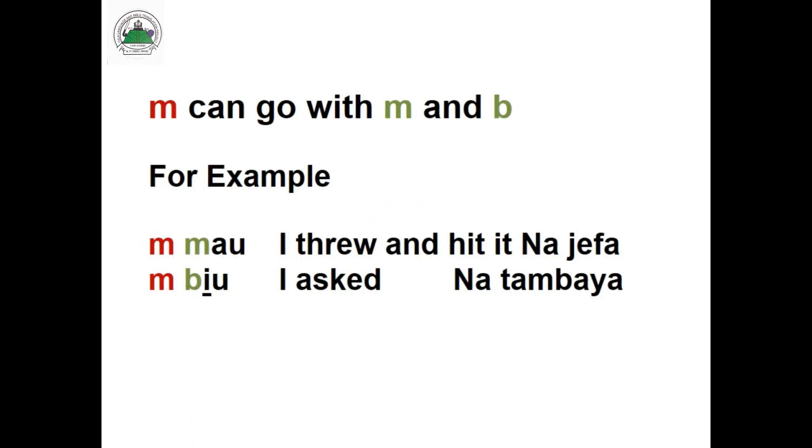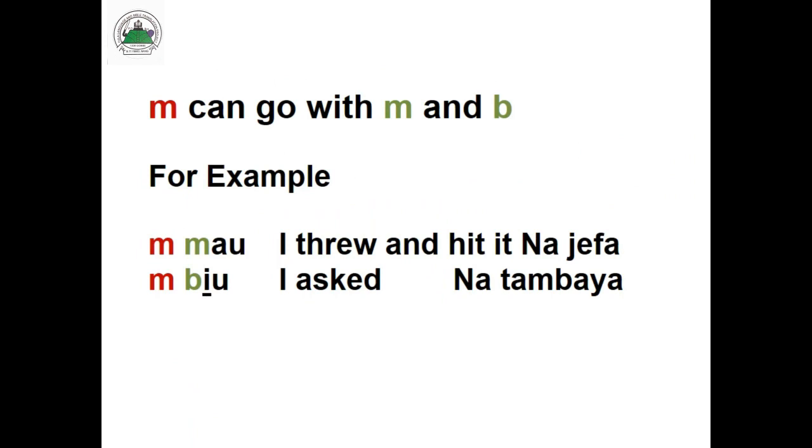The first nasal consonant can go with itself and b. This is what we mean: anytime this nasal consonant appears in a word, because this nasal consonant can stand as a word in a sentence, the next word that follows it will be a word that can either start with this or will start with b.